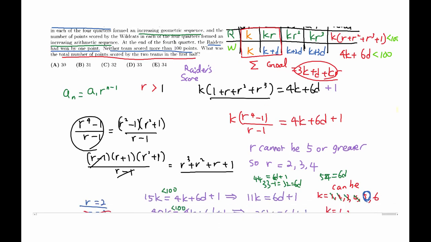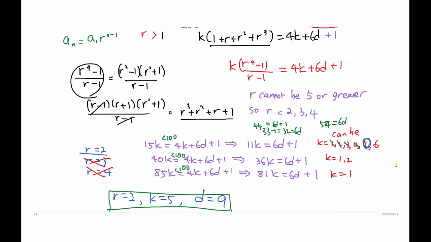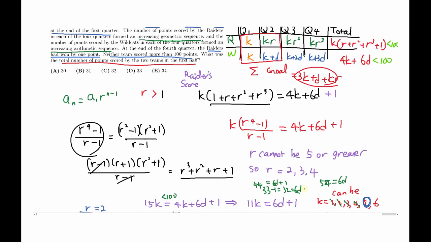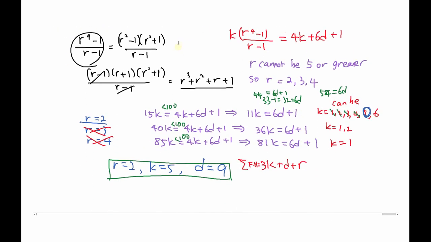Let me remember 3k plus d plus kr. Did I do this right? 3k plus d plus kr, yeah. Okay, 3 times 5, and then d is 9.